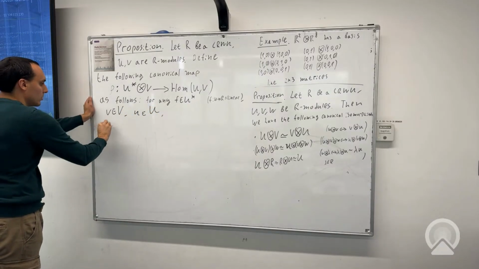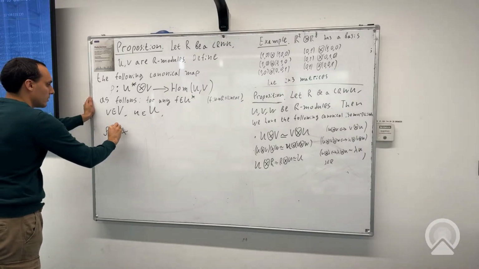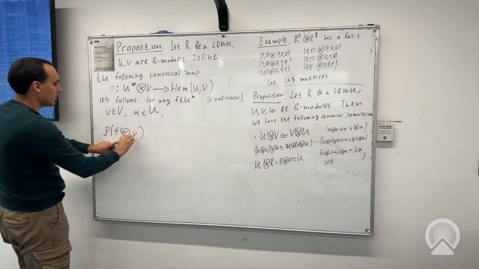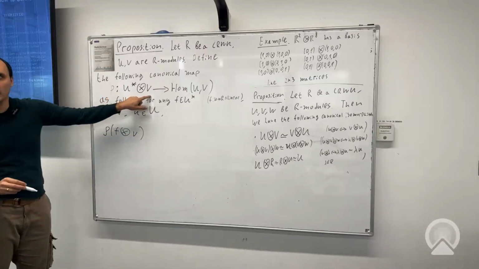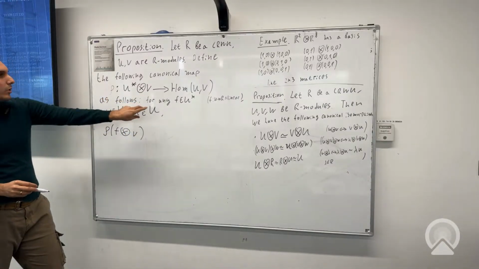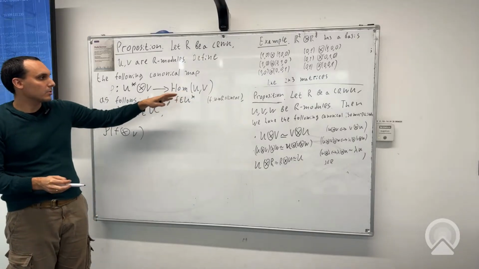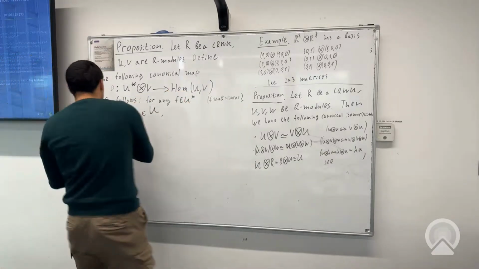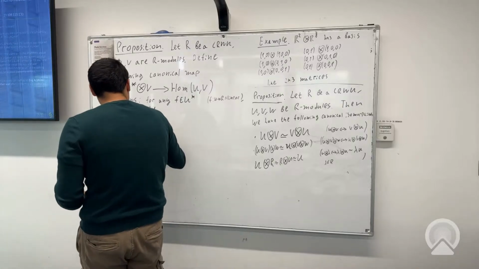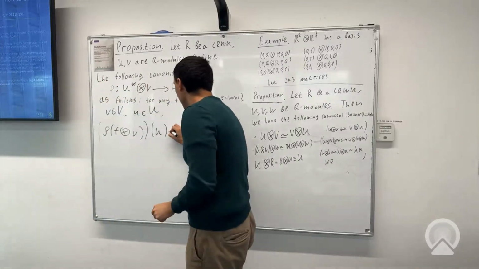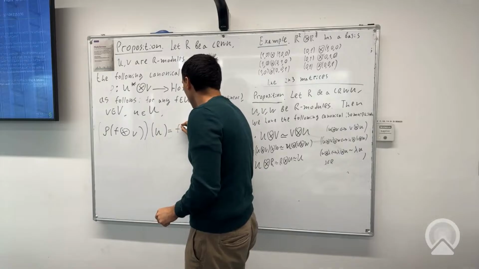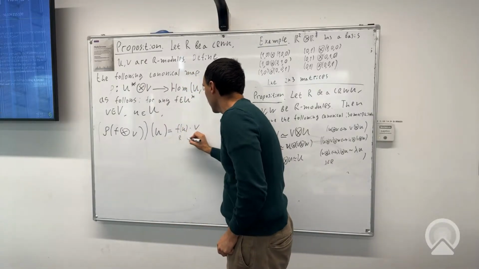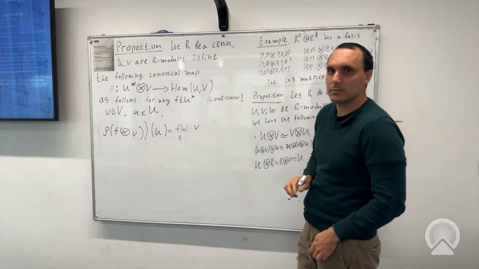So rho, we start with f tensor v. So this is an element of U star tensor V. And then we have to define a linear map. So to define a linear map, we have to show how it acts on vectors of U. So this thing here, when acting on u, is given by f(u) times v. So this is a scalar. This is scalar multiplication.